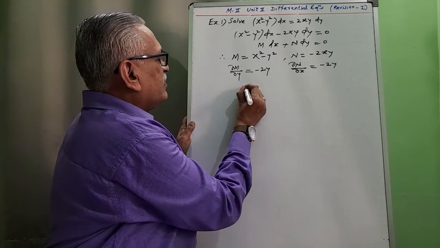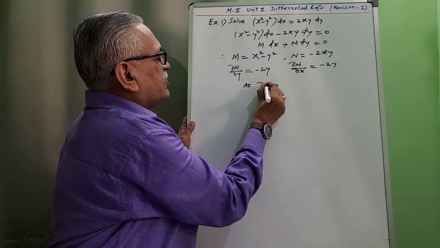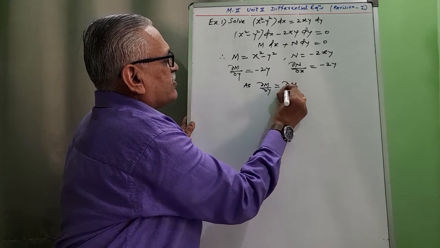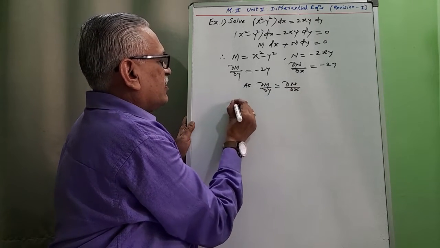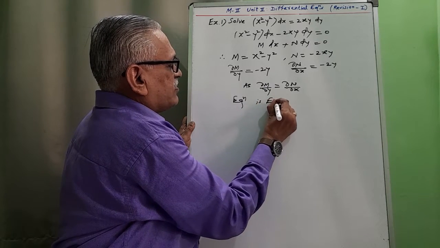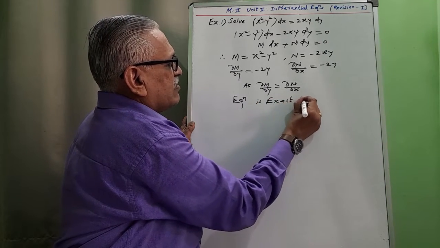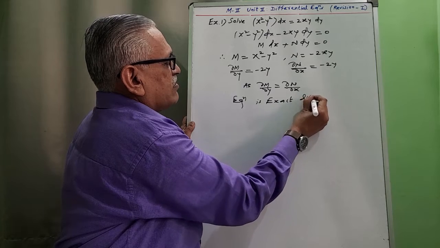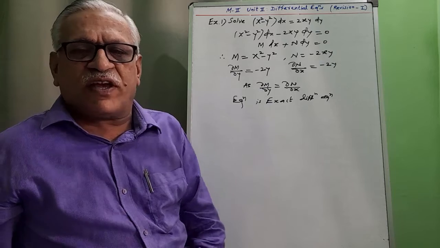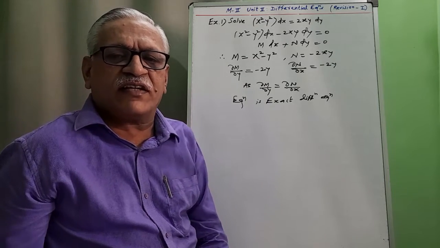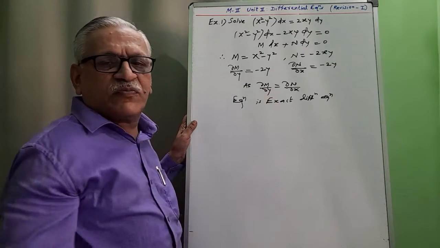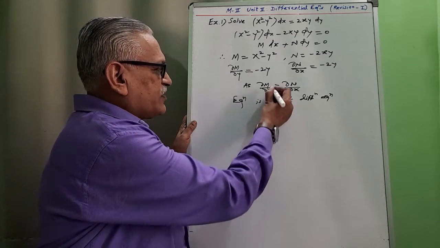And as the condition ∂M/∂y = ∂N/∂x is satisfied, the equation is an exact differential equation. Always we check first for exact differential equation. If it is not exact, then we go for the remaining techniques. Here the condition is satisfied and therefore it is an exact differential equation.